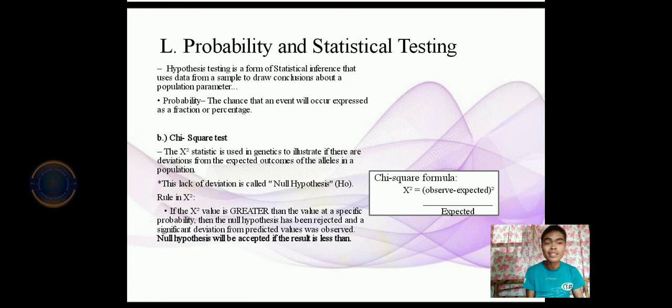Now, the main concept of the null hypothesis is that there is no significant difference between the observed variables and the expected variables, or no significant differences about the deviations. Yun yung null hypothesis natin.